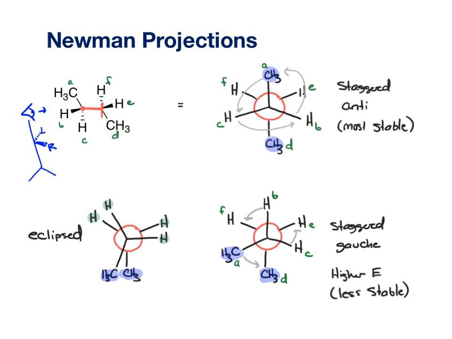That's very destabilizing. This is the highest energy conformation of butane. And this is the least stable. So what you want to avoid is bulky groups being close to one another.